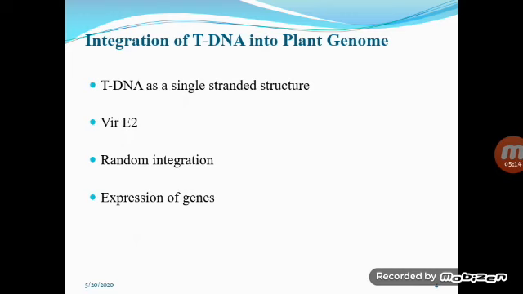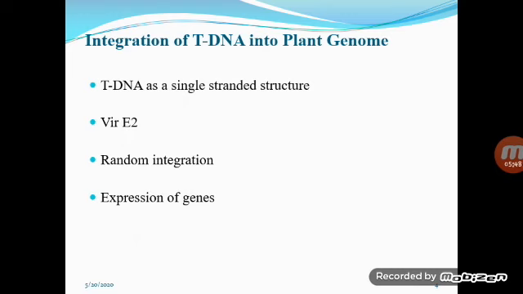T-DNA enters the plant cell as a single stranded structure, which is immediately converted into the double stranded form. VirE2 also has a nuclear localization sequence and is responsible for transfer of T-DNA into the plant cell nucleus. Double-stranded T-DNA integrates at random sites in the host plant genome.